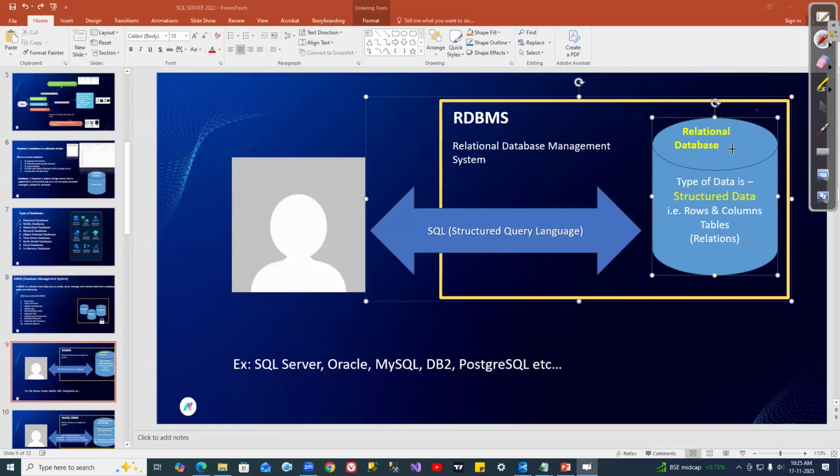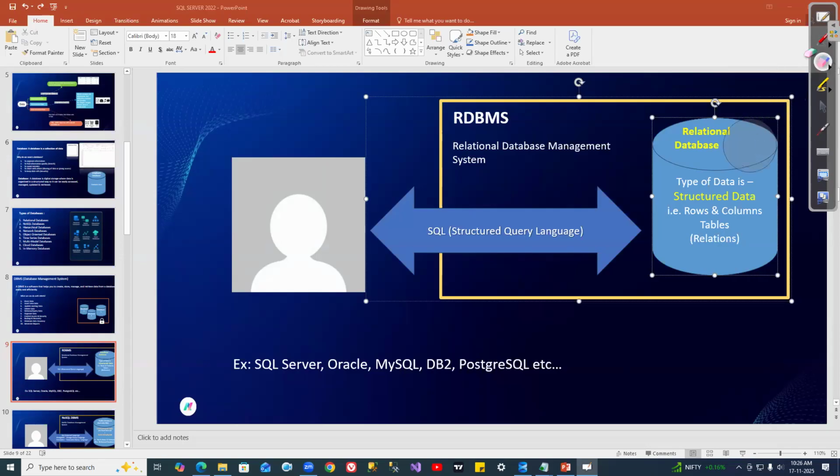That's why it is a relational database. Rows and columns, in the sense, relations. So the database which is accommodating structured data is nothing but a relational database.